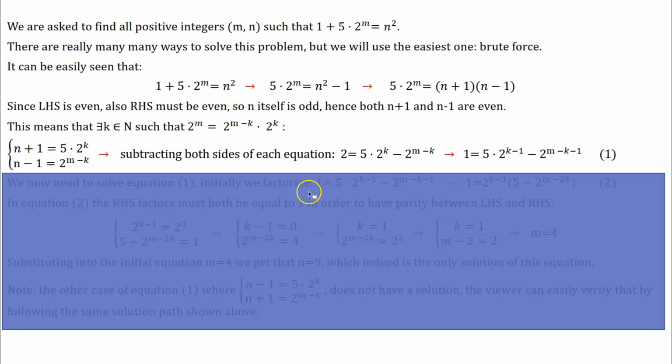Now, given that we have two factors on each side of this equation, we can say that n plus 1 is equal to 5 times 2 to the power k, and n minus 1 is equal to 2 to the power m minus k.